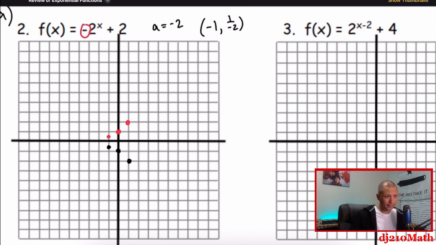All right. Now, all these points are going to shift up 2 because of the +2. So that means that the horizontal asymptote is going to be at +2. So that's the horizontal asymptote. And all the black points are going to shift up 2. So I'll erase these.